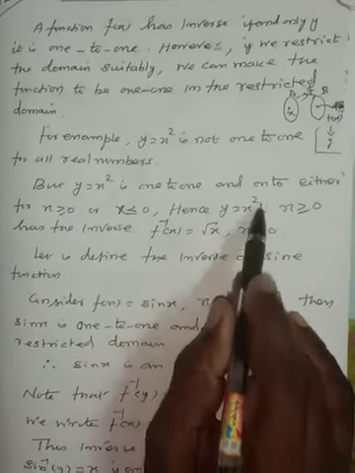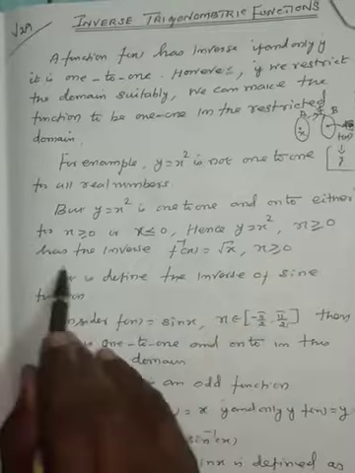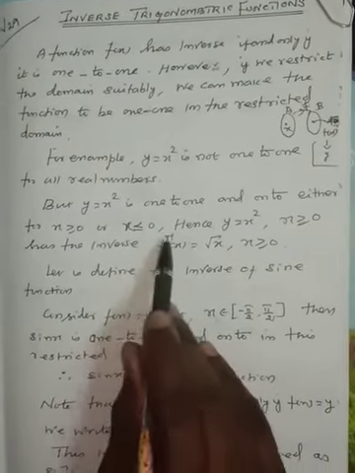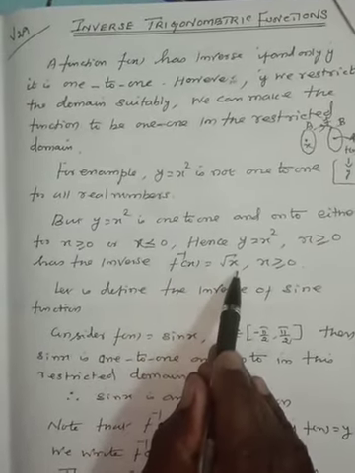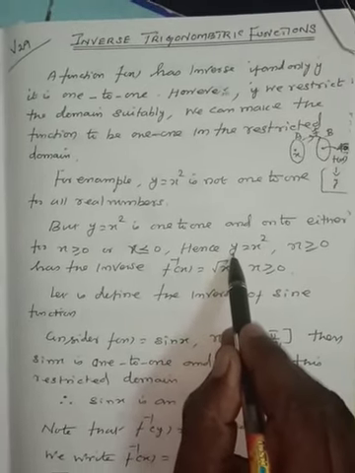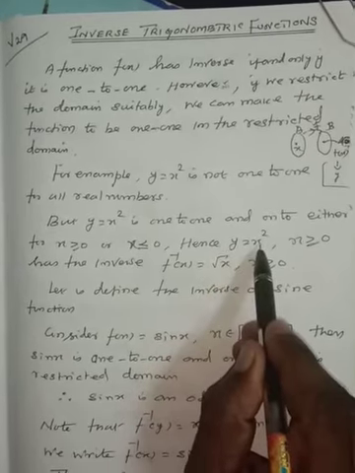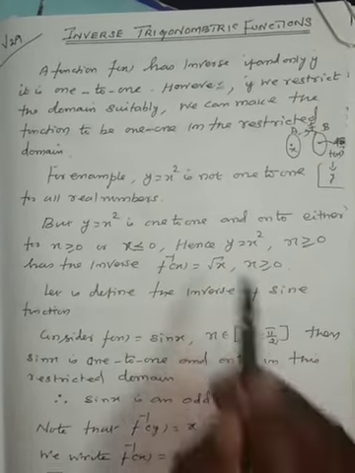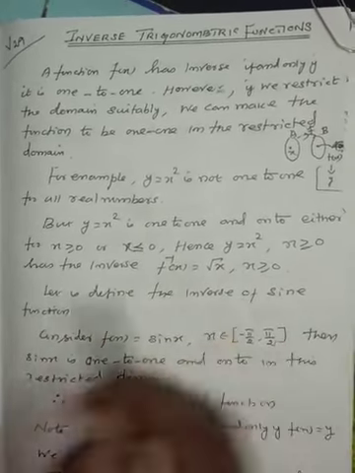Hence, y is equal to x square, x greater than or equal to 0, has an inverse. f inverse of x is root x. x square is y; taking root on both sides, root y is x, or y is root x.